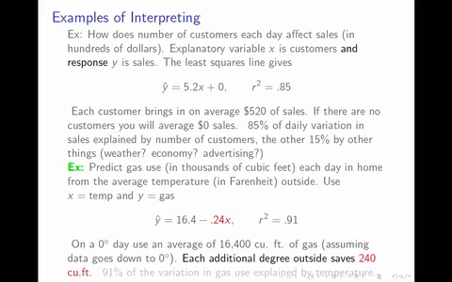But the slope, regardless, is meaningful because that minus 0.24 is telling you that each additional degree outside saves you 240 cubic feet. In other words, it takes 240 cubic feet of natural gas to raise the temperature of the house 1 degree.